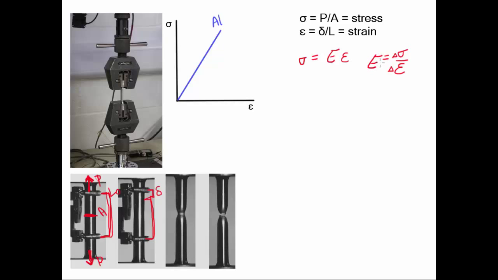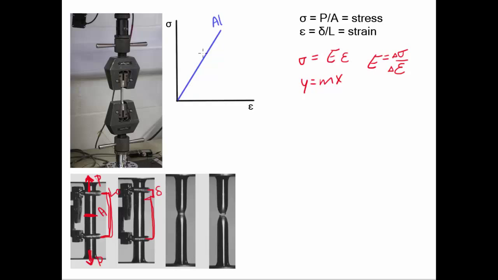When you write it this way, and based on what we saw last time as well, that this is of the form y equals mx, it becomes apparent that E is a reference to the slope of the graph that you obtain when you graph stress against strain. Just like m represents the slope in the equation y equals mx, the standard equation for a line, E represents the slope, the rise over run, in a graph of stress versus strain.